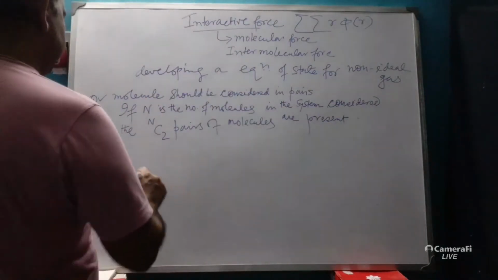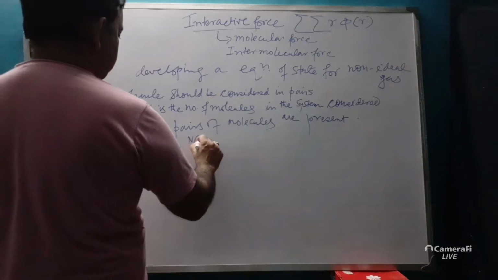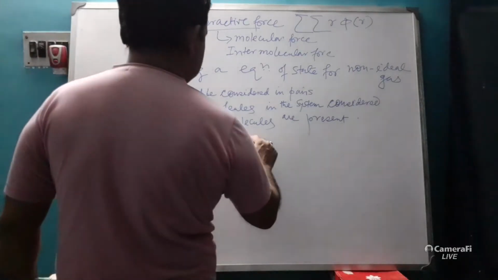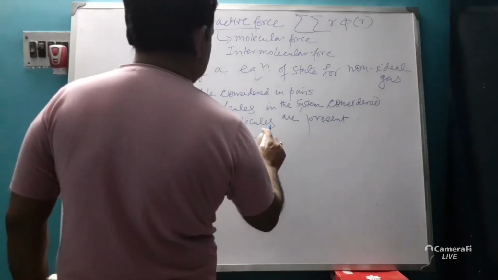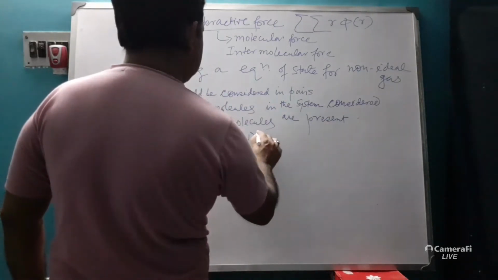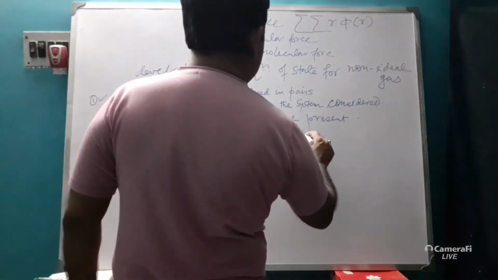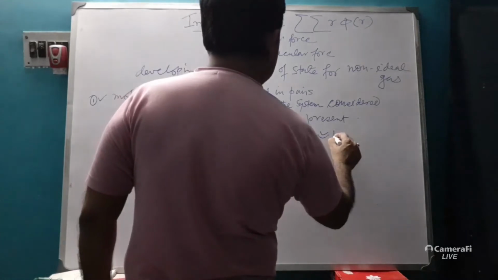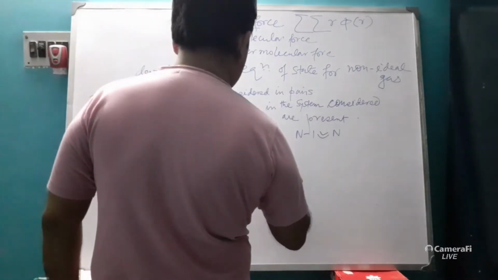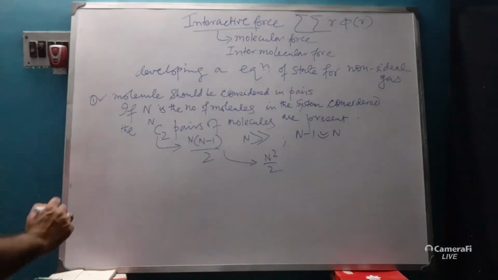That is simply n into n minus 1 by 2. As n is very large, n minus 1 is equal to n. So we can write this factor as n square by 2. This is the first consideration that we make.